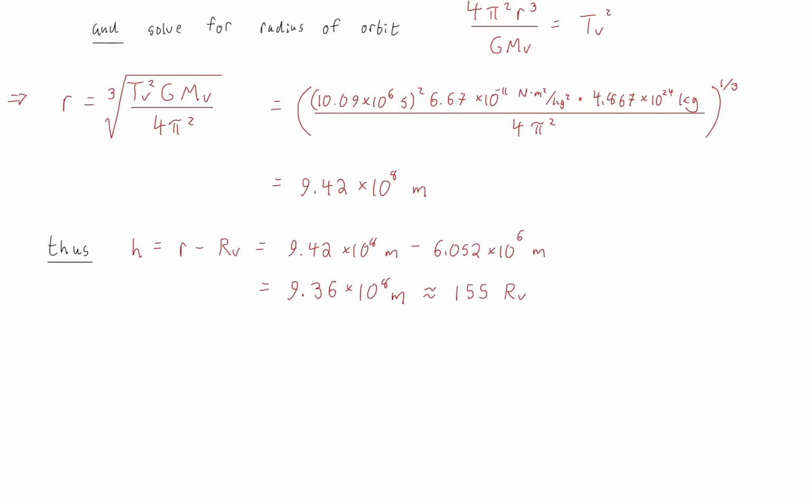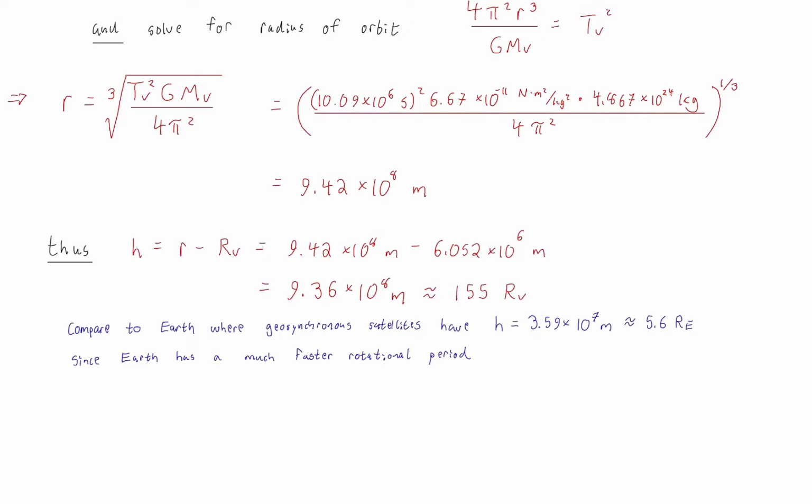Okay, and for comparison to Earth, a geosynchronous satellite has an altitude of 35 million meters, okay, which is only 5.6 times the radius of Earth. So although that's actually high for a satellite, some satellites are as low as 300 kilometers, right?